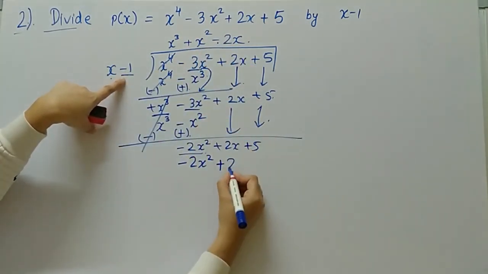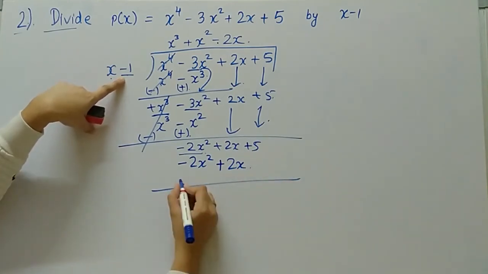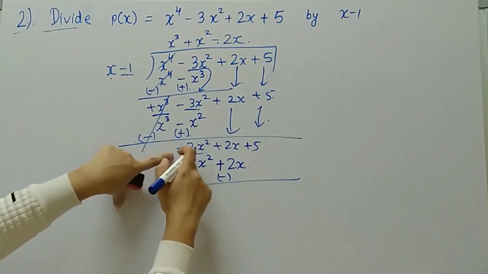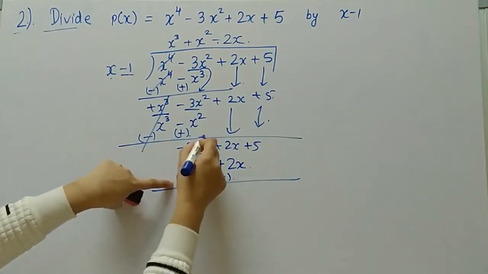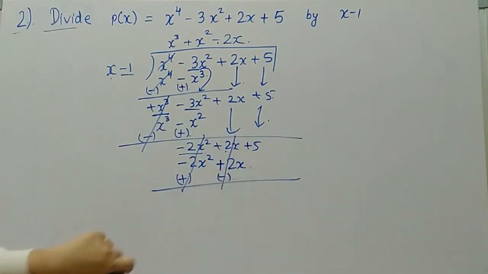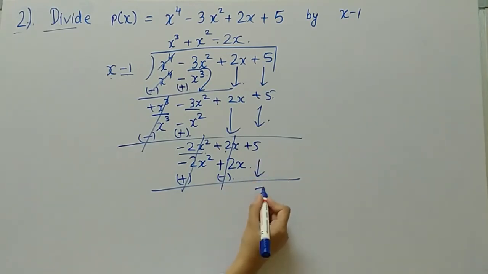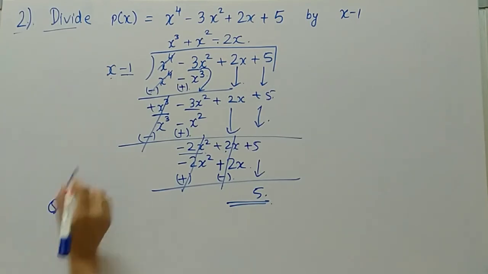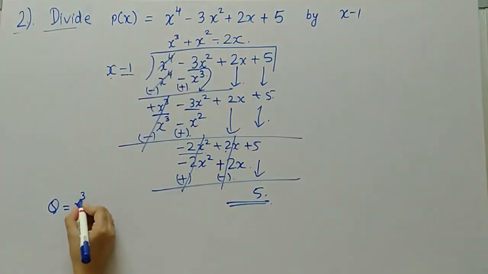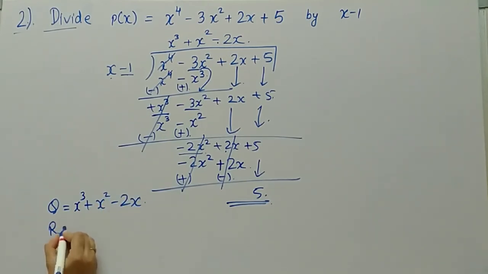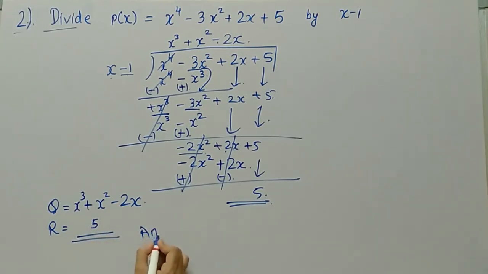So we will get plus 2x. Now the sign will be changed. So minus 2x square plus 2x square will get cancelled. Plus 2x minus 2x will also be cancelled. And we will be left with 5. So our remainder is 5. So quotient is x cube plus x square minus 2x and remainder is equal to 5. This is our answer.